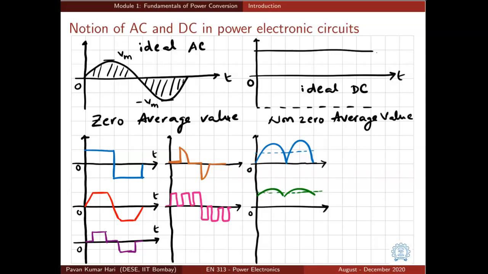Then we can have an example of a DC waveform with both positive and negative values. For example, you can look at a waveform like this.